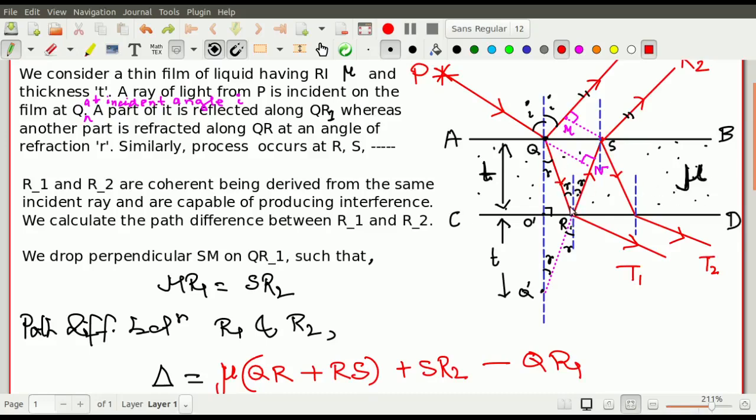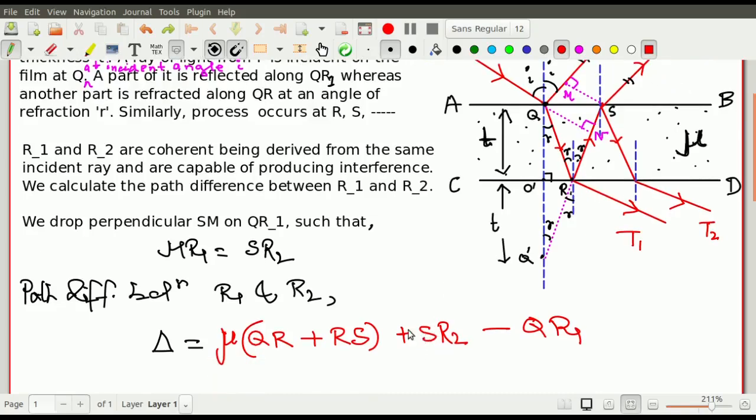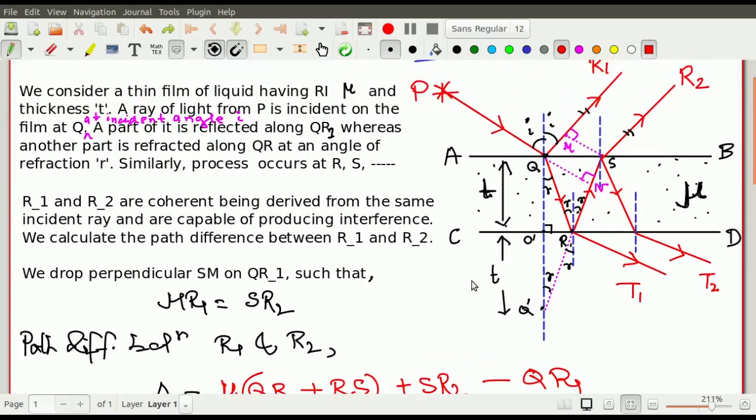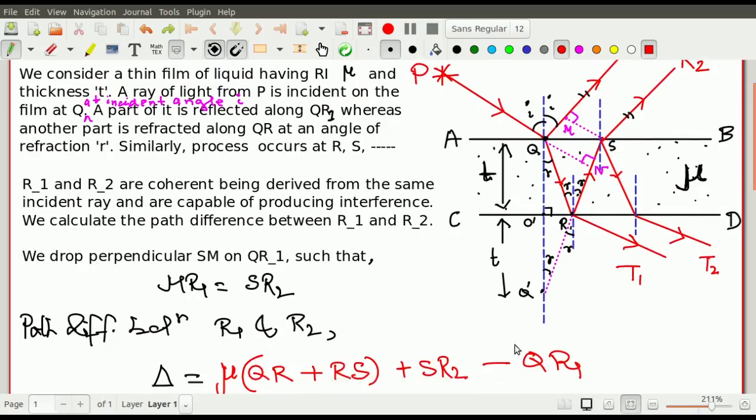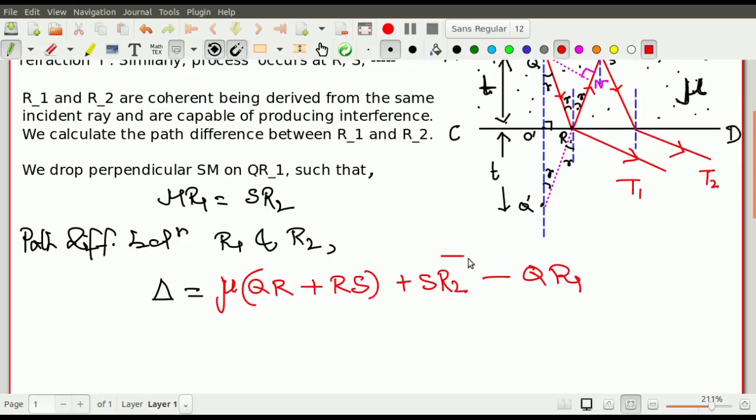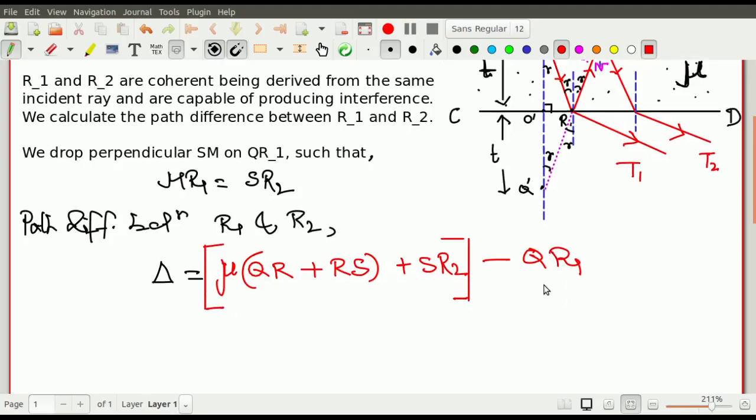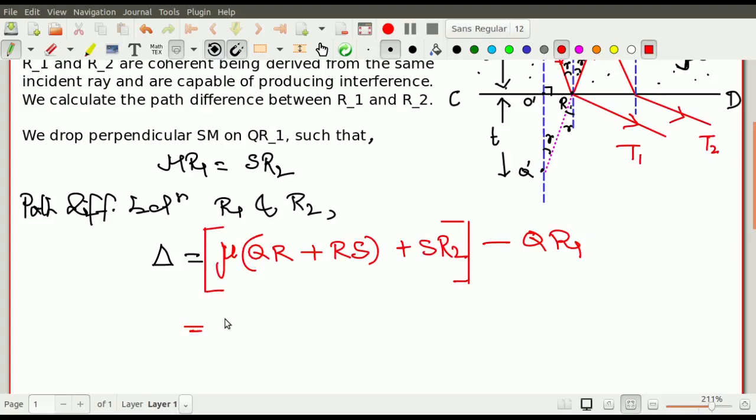And SR2 is in vacuum, so I multiply it by 1, it is not multiplied by anything. And QR1 is entirely in the vacuum, so it is also not multiplied. I put this within a square bracket. Understandable?